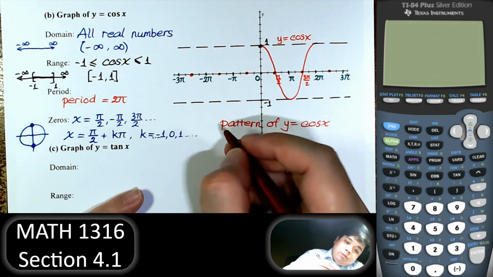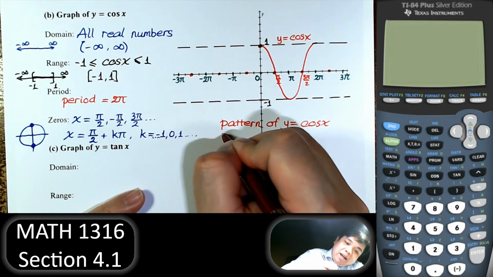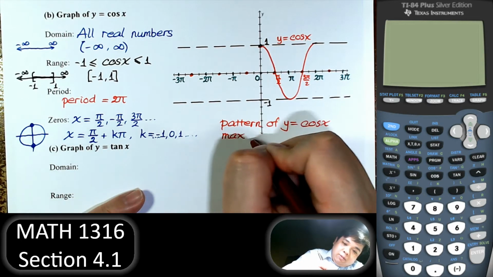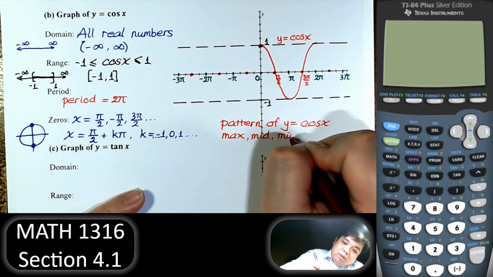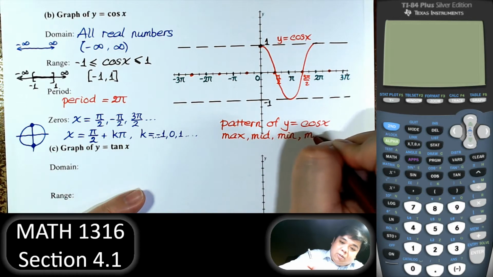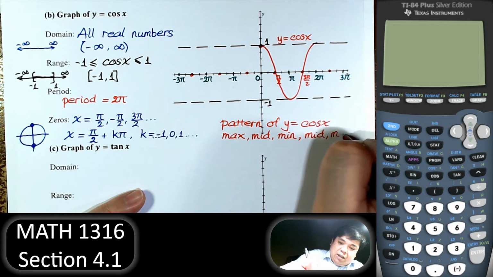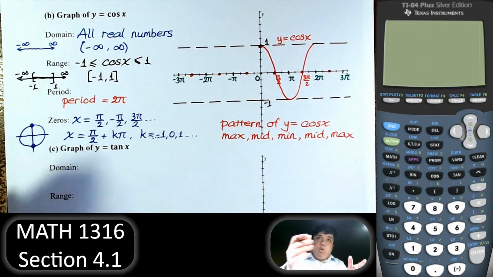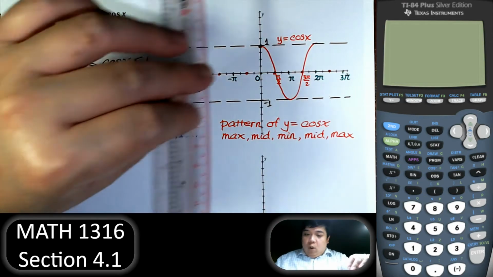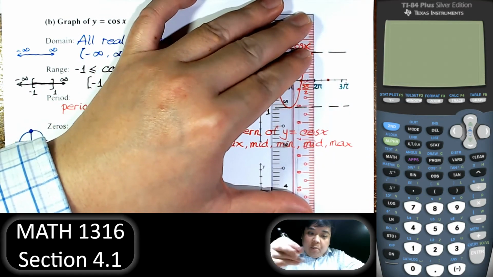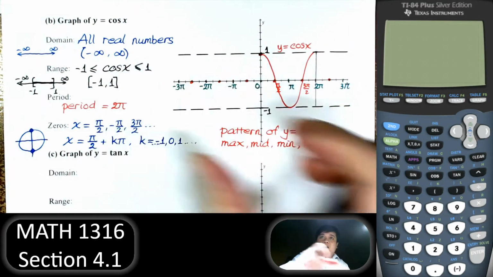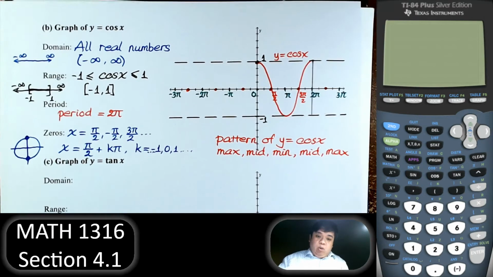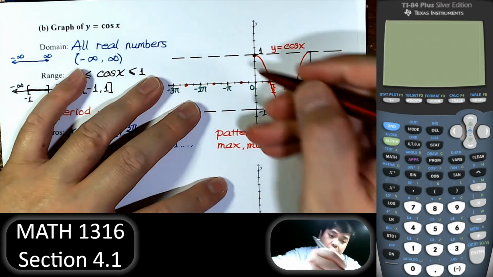We start from maximum, back to the middle, to the minimum, to the middle and then max. So this is one period of cosine. And once we have one period of cosine, we can copy and paste this throughout the whole number line, and we have the graph of y equals cosine of x.